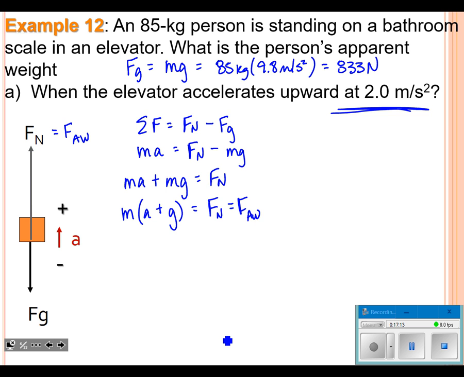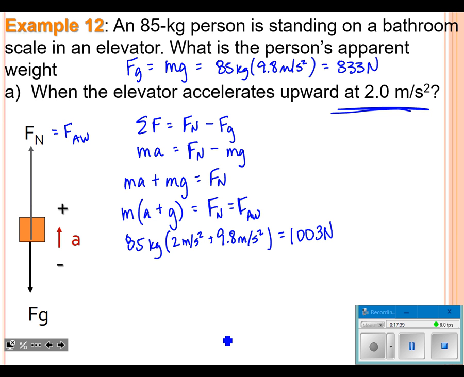So I know my mass is 85 kilograms, the acceleration is 2 meters per second squared, and gravity is 9.8 meters per second squared. That is going to give me 1,003 newtons, I believe. Let me double check that. 85 times 11.8. Yes, that gives me 1,003 newtons.